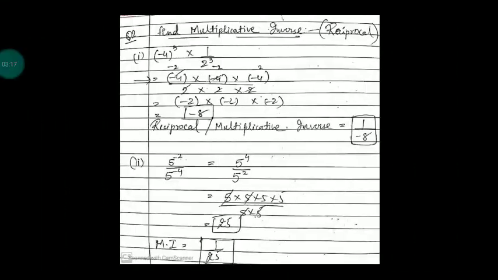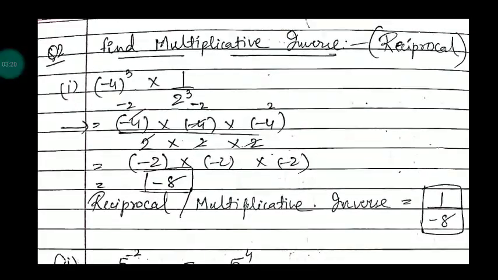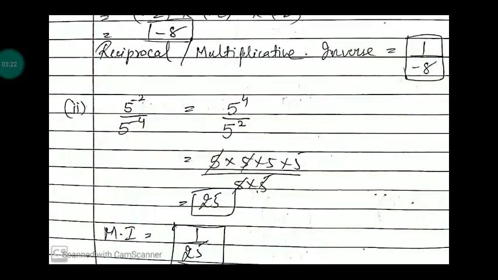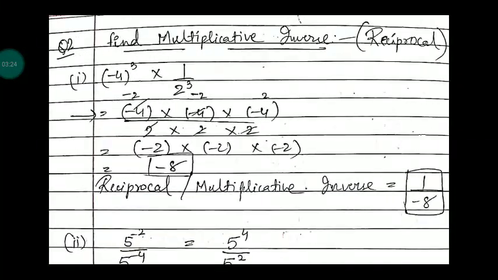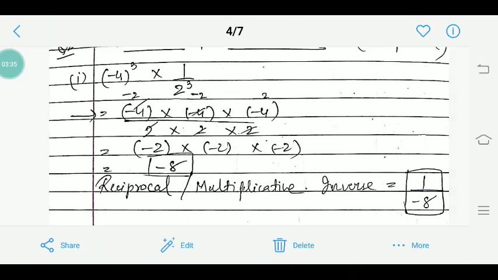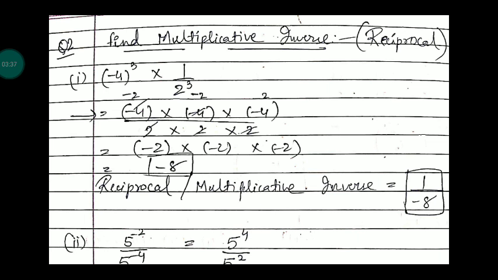Moving on to the next question. Find the multiplicative inverse, that is the reciprocal of a number. Both names mean the same, doing the reciprocal. Here both the powers, 3 and 2, are in positive form, so we will keep them as they are. We will not take the reciprocal to change them because they are already given as positive.